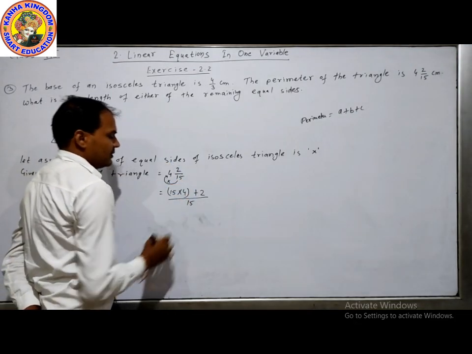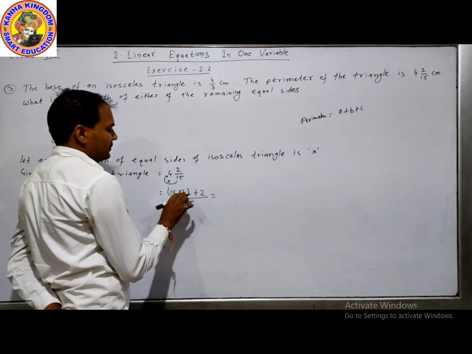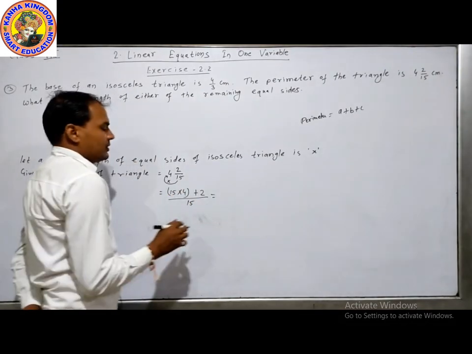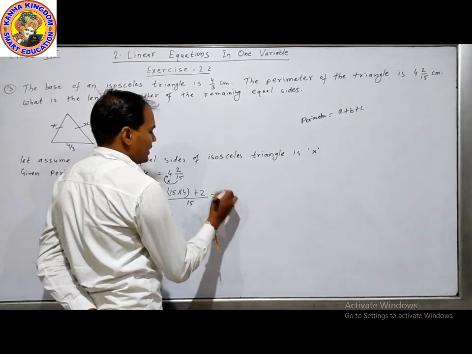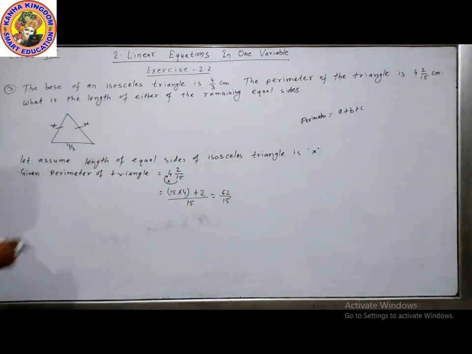Denominator is 15. 15 into 4 is 60, plus 2 is 62, so 62 divided by 15. This is the perimeter of the triangle which is given in our question.